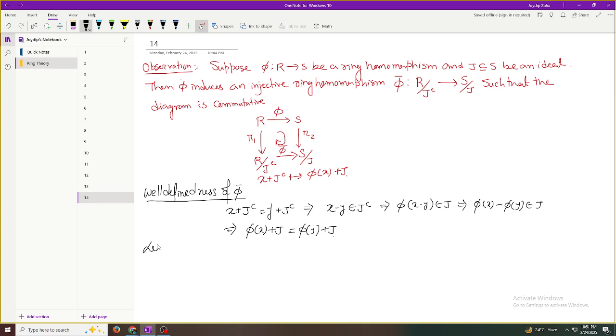Injectiveness: let x plus J contraction belong to the kernel of phi bar. Check that phi bar is a ring homomorphism.